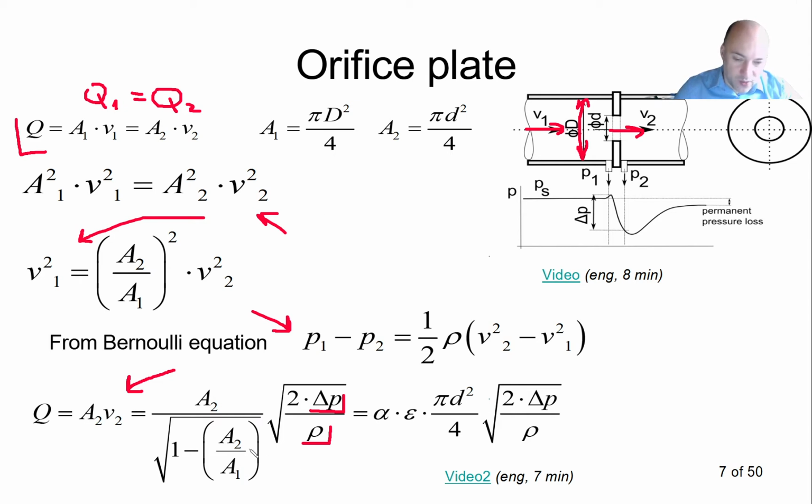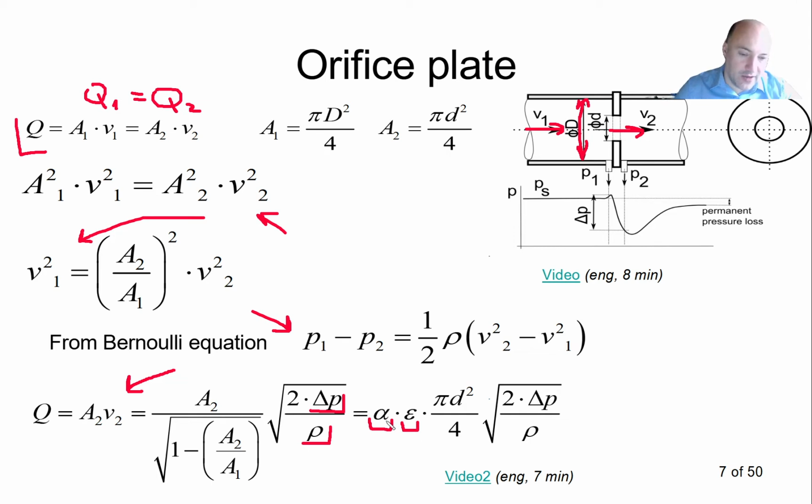So at the end we can hide all this geometry and the properties of the liquid in two coefficients. One coefficient alpha and one coefficient that we will call epsilon.